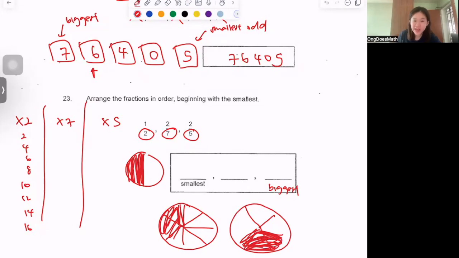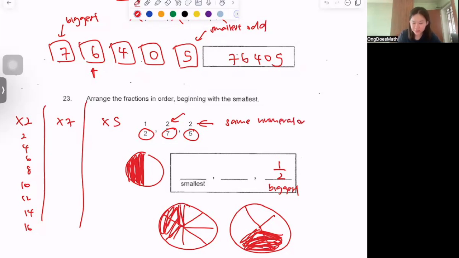So if you can see, half is actually the biggest. That's the biggest shaded area. Now you just have to compare 2/7 and 2/5. You can tell that the numerator is the same. So when the numerator is the same, do you remember this rule?